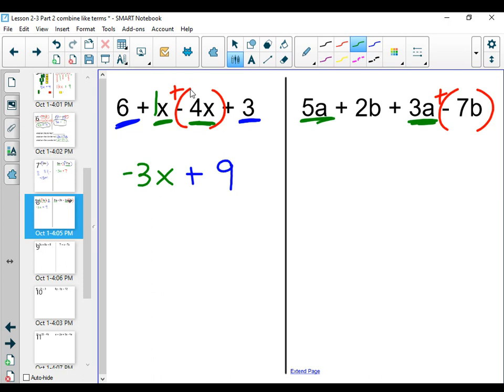Five apples, 3 apples, 8 apples. Two good guys, 7 bad guys. Bad guys win by 5. A's and B's, not the same. My answer has them separate.